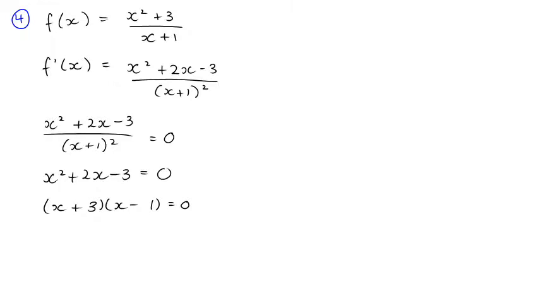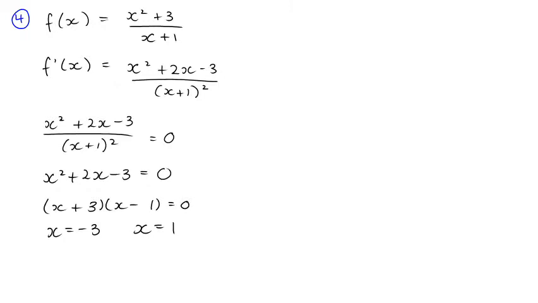If not, use the quadratic formula or try to complete the square. If you just left it as that, is that okay? Left it as what? x squared plus 2x minus 3. Yeah, but how are you going to find x? Oh, you find the x. We're looking for the coordinates of the stationary points. So we need to solve for x and then solve for y. So we get x equals negative 3 and x equals 1.